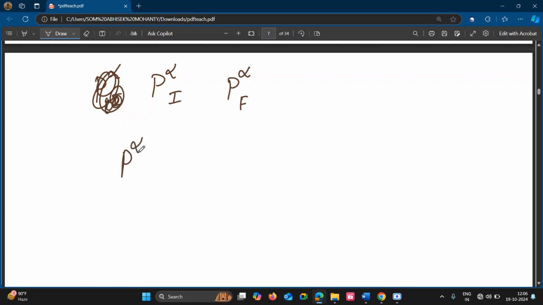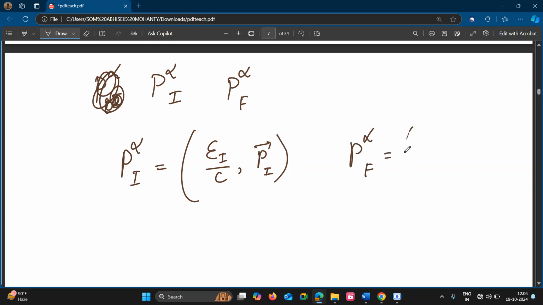So P^α_I will be EI/c, comma PI. Final will be EF/c, and this is PF. Here PI and PF are the initial and final relativistic three-momentum.